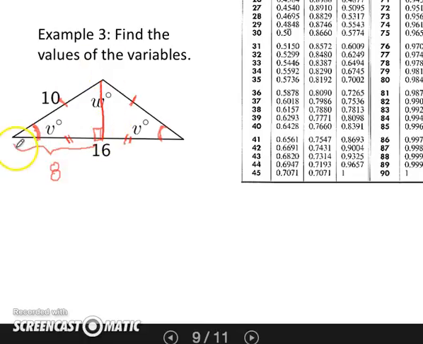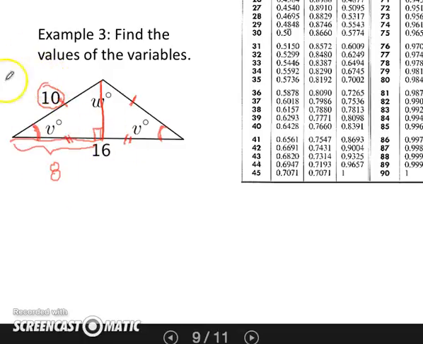Now I have a right triangle. I know two sides, and I'm looking for an angle. So that situation is something we can deal with using inverse trig. Okay, V is my angle in question. I have the adjacent leg, and I know the hypotenuse, which is directly across from the right angle.